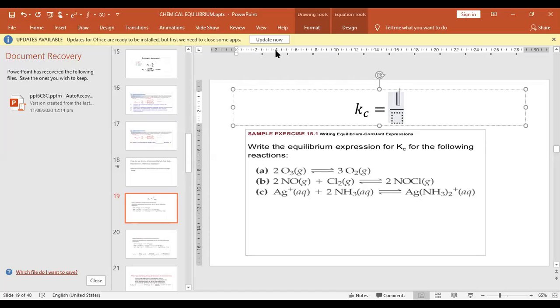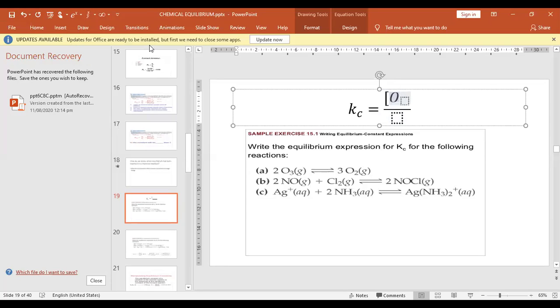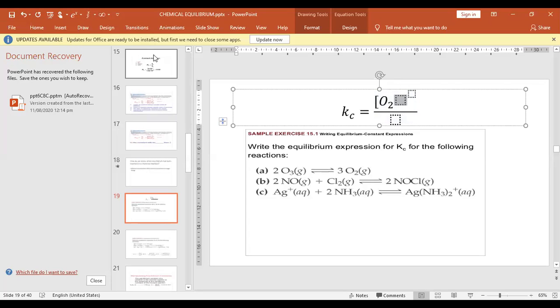We have oxygen gas. Let's see, am I muted? No. So that will be O2, raised to the power.